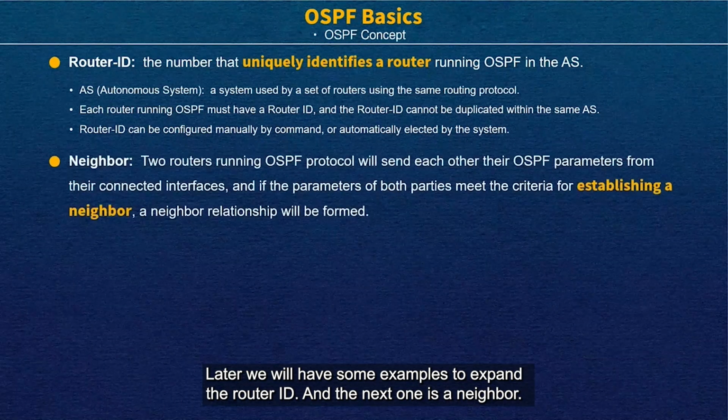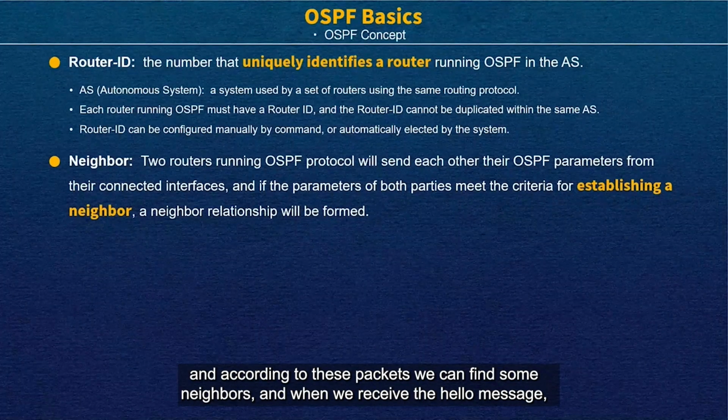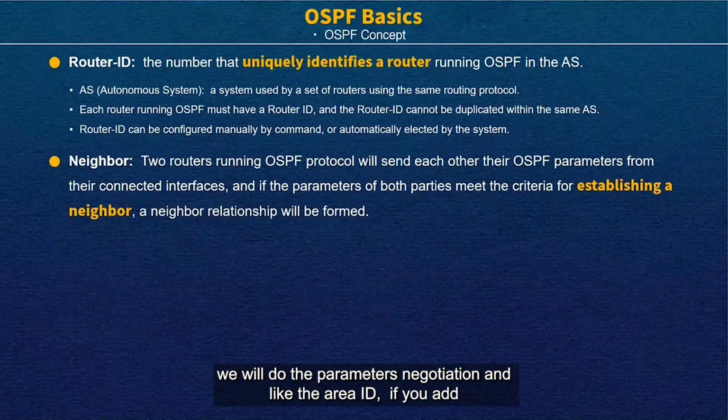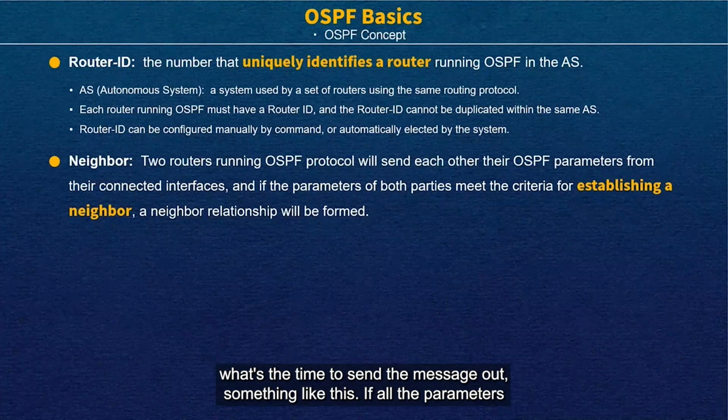And the next one is the neighbor. The first step, if we're running the OSPF protocol, is to send out hello packets. According to these packets, we can find some neighbors. When we receive the hello message, we do parameter negotiation, like the area ID, and if you add the authentication function, we will check the password, and also the hello packet timers, the time to send the message out.